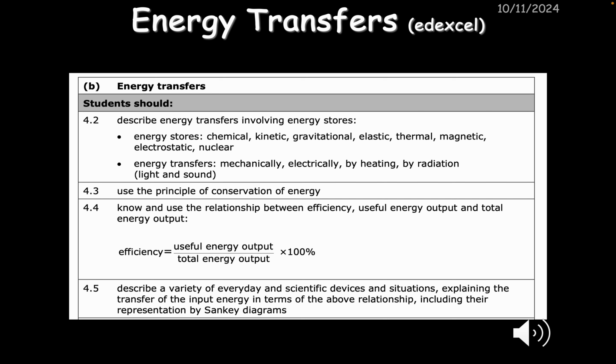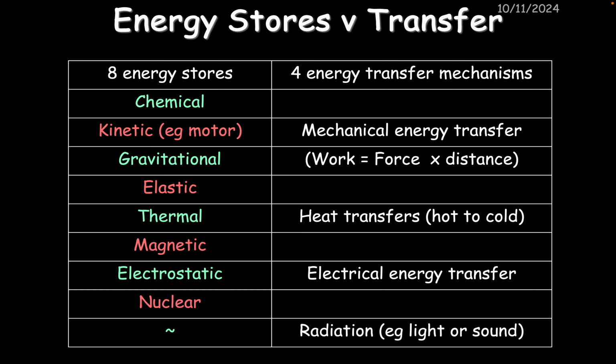So it's important that when you get questions in the exam relating to 4.2 in the syllabus for Edexcel, you need to distinguish between the transfer from one store to another. Now here are 8 energy stores.